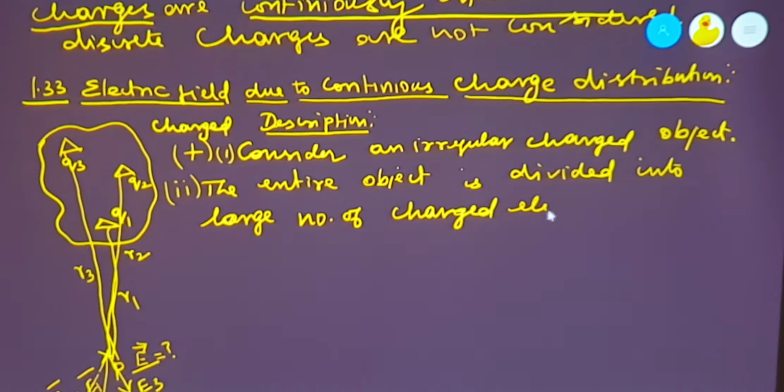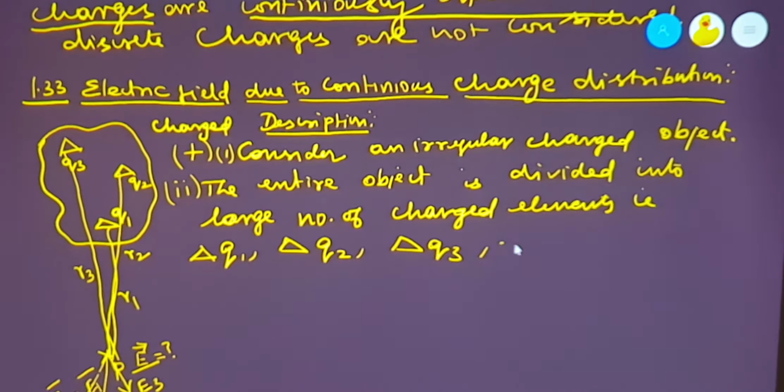What are those charged elements? One of the charged elements is delta Q1, the second charged element delta Q2, the third charged element delta Q3. Like this, it goes on till delta Qn.